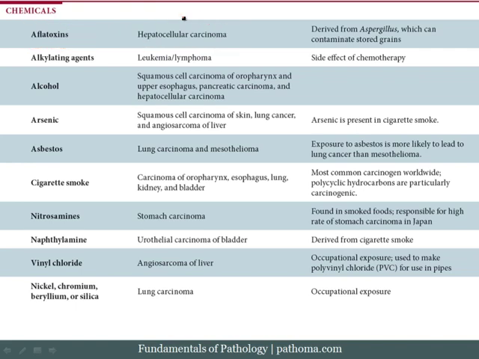The next chemical are alkylating agents. Alkylating agents increase the risk of leukemia and lymphoma.